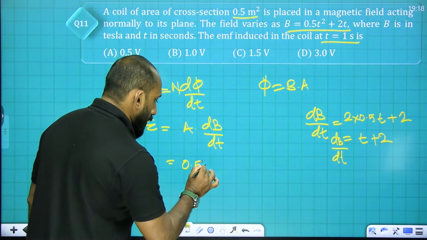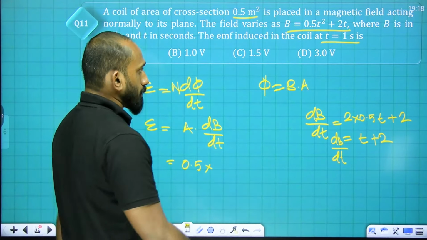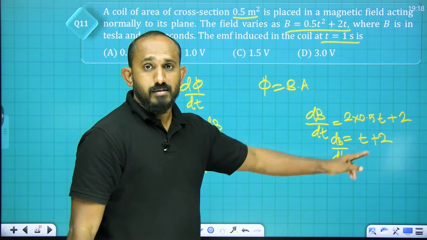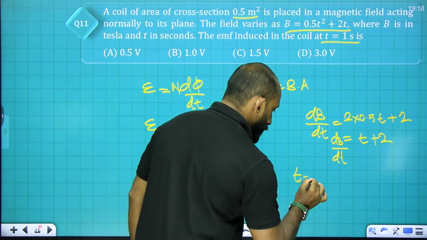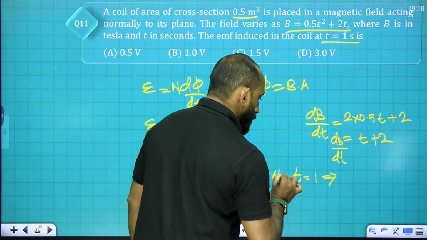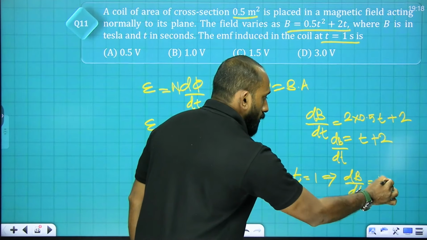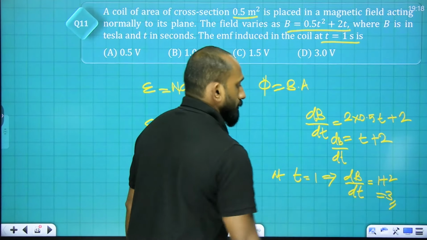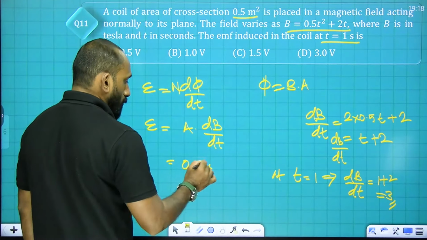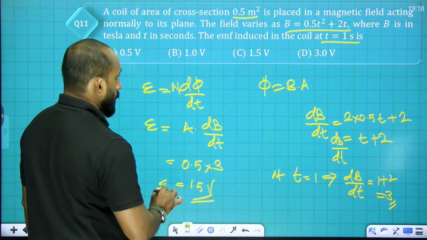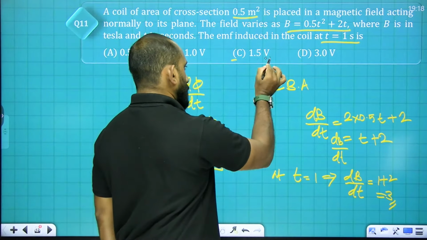So 0.5 into dB by dt, which is t plus 2. Then at t is equal to 1 second, dB by dt is equal to 1 plus 2, that is 3 Tesla per second. So 0.5 into 3, that is 1.5 volt will be the answer. That is option C is the correct answer here.